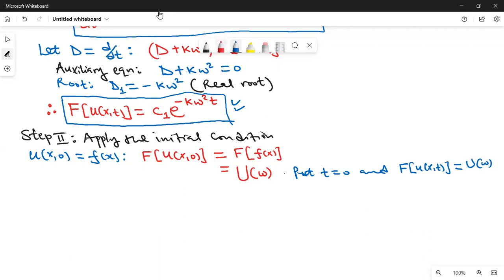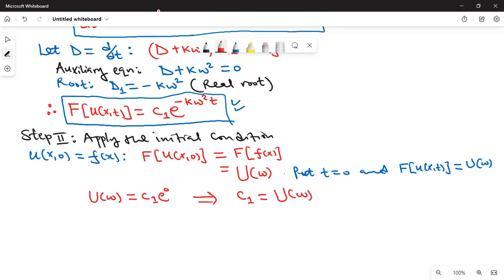It will be U of omega is equal to C1 times exponential. Because time is 0, this will be exponential 0. So this simply means that your C1 is equal to capital U of omega.